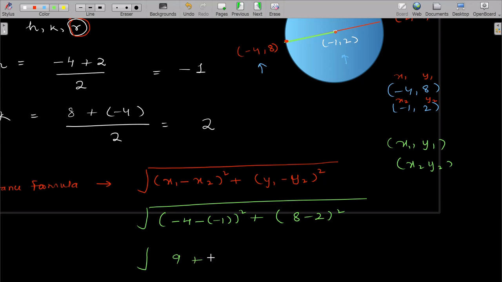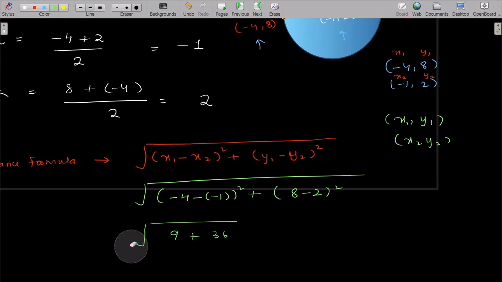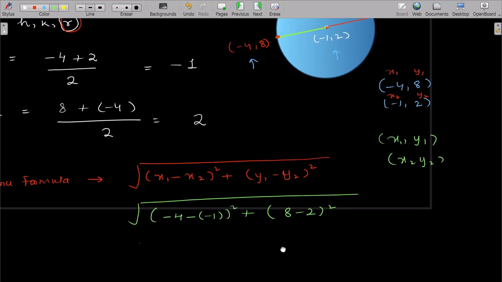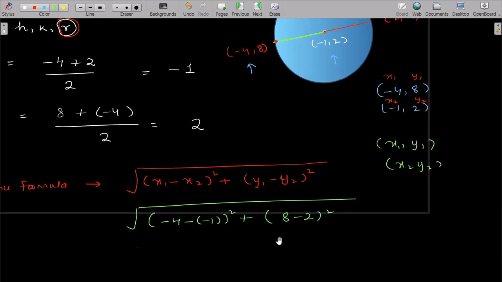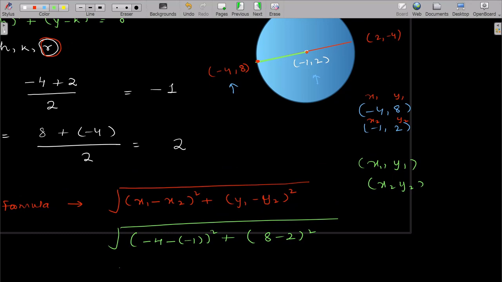Oh, I think I switched a value somewhere. Oh, okay. I see where I went wrong. I used the wrong values. I didn't use the center, I used the two opposite ones. Okay, so what are you getting then?